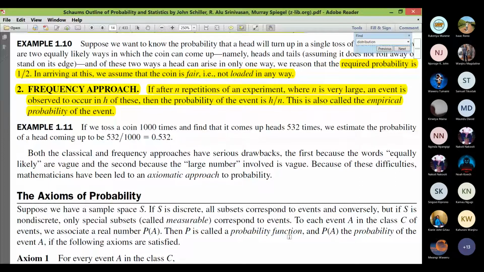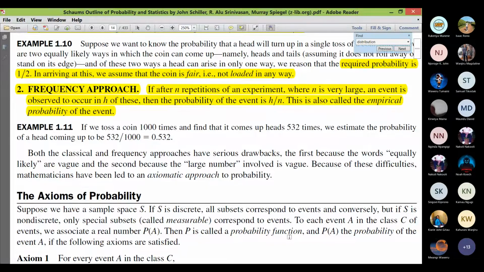No. You may find that heads come up 532 times, which means tails come up 468 times. So they are not equal. The probability of heads coming up is 0.532 instead of 0.5. In classical, it is 0.5. In frequency, it is 0.532, and the tail is 0.468. So this is more specific, and it is based on an experiment.